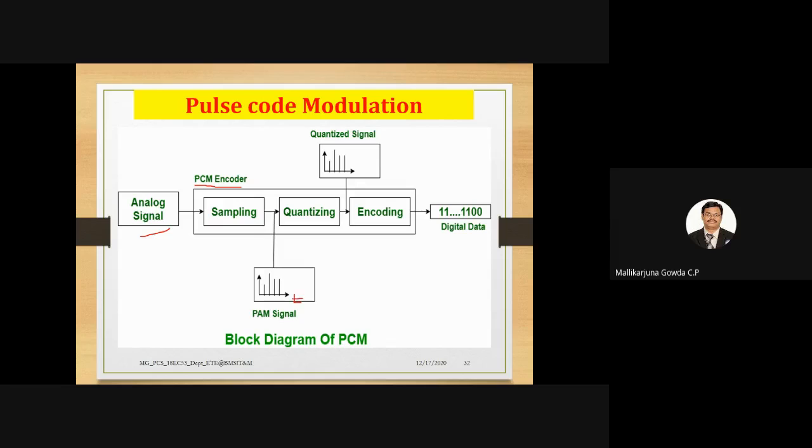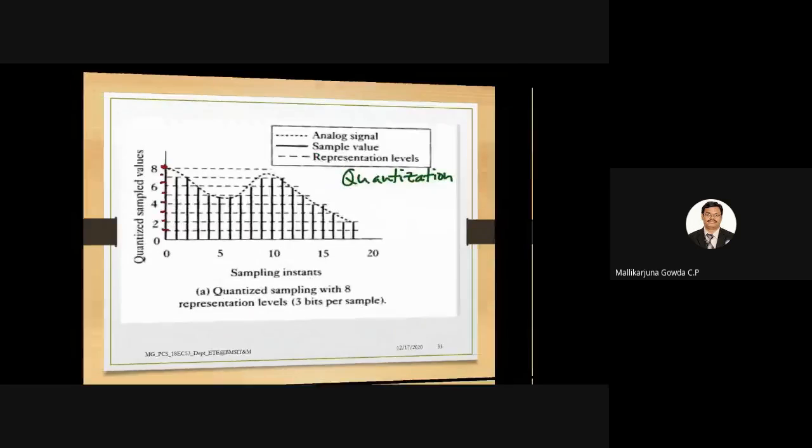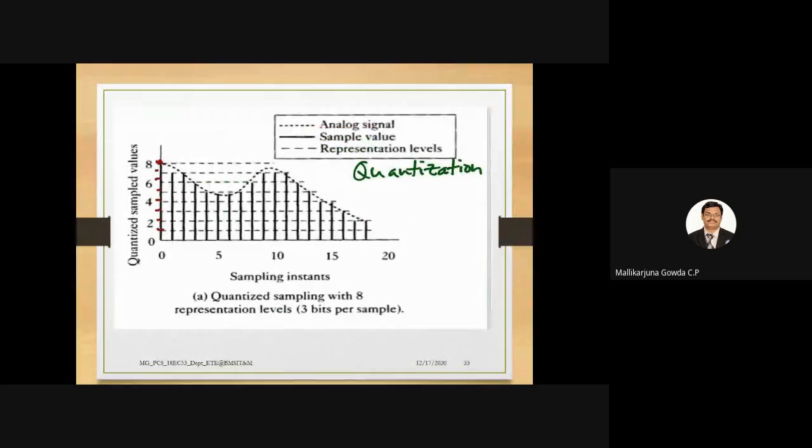Then I said there should be horizontal slicings, like this. This is the quantization that I'm talking about. Then by encoding each of the quantized levels with binary information, I get the digital data.